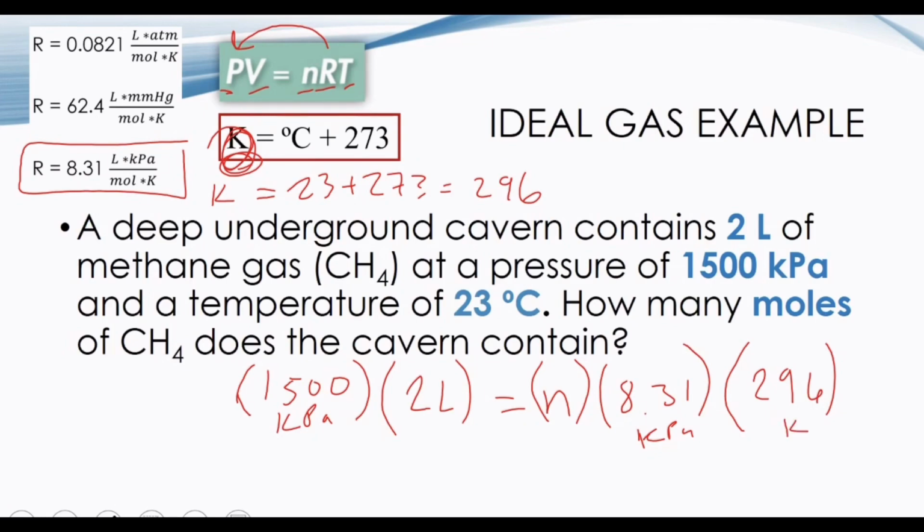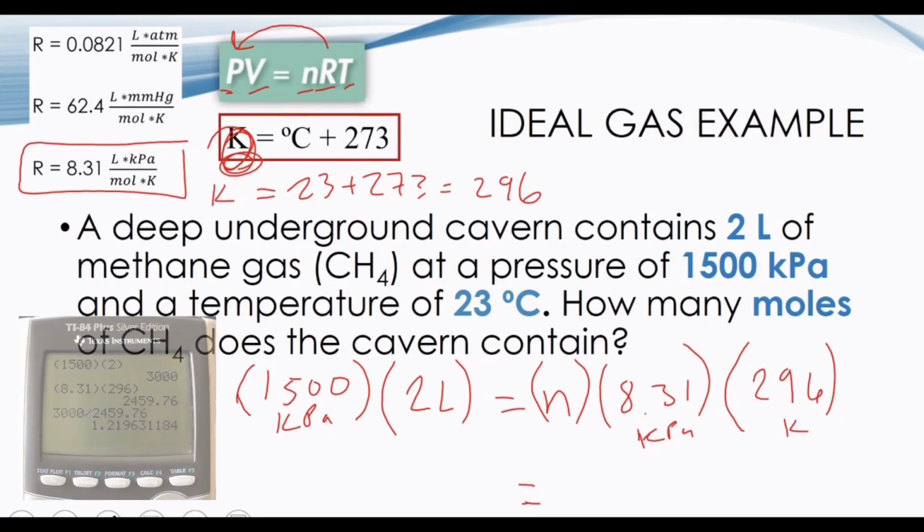Now that I have all of my values, I can use my algebraic knowledge and solve for my missing variable. I will show here in the video how we're going to calculate this on the calculator. In other words, all you would have to do is multiply the left side, multiply the right side, and make sure that we are dividing properly.